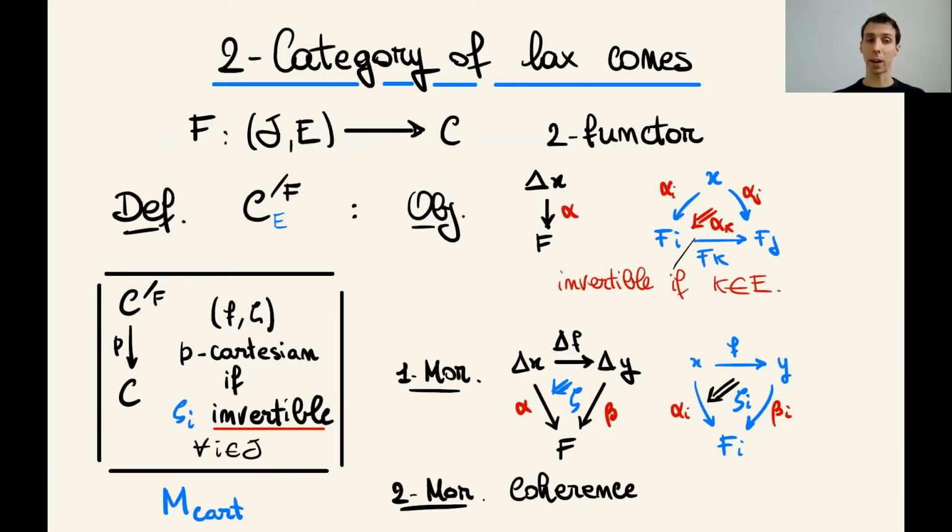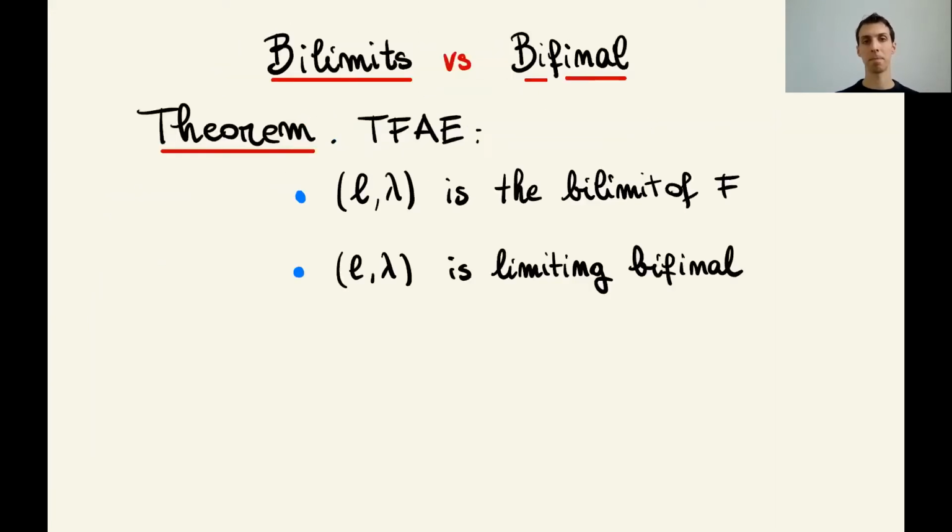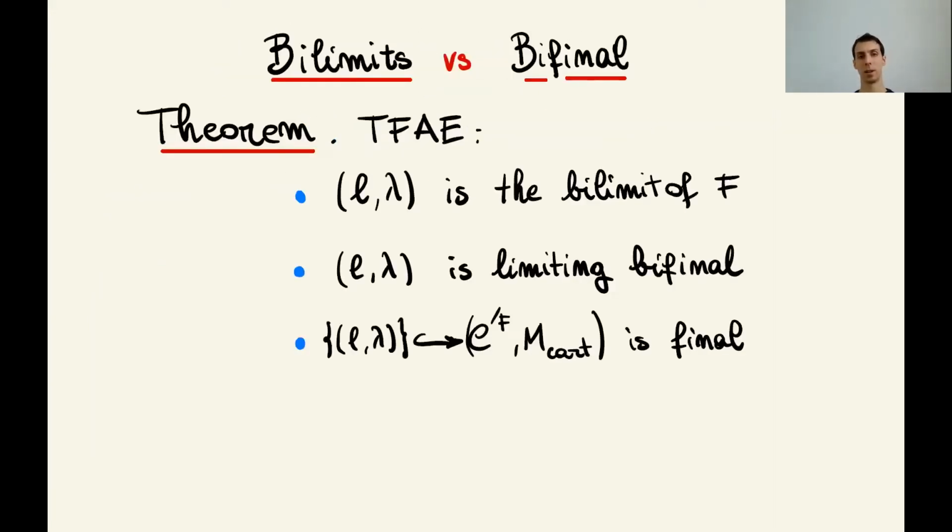The marking is very canonical, they are Cartesian cells for canonical projections. And the embedding of this object, as a lax cone, into the category of lax cones is final with respect to two-colimits.